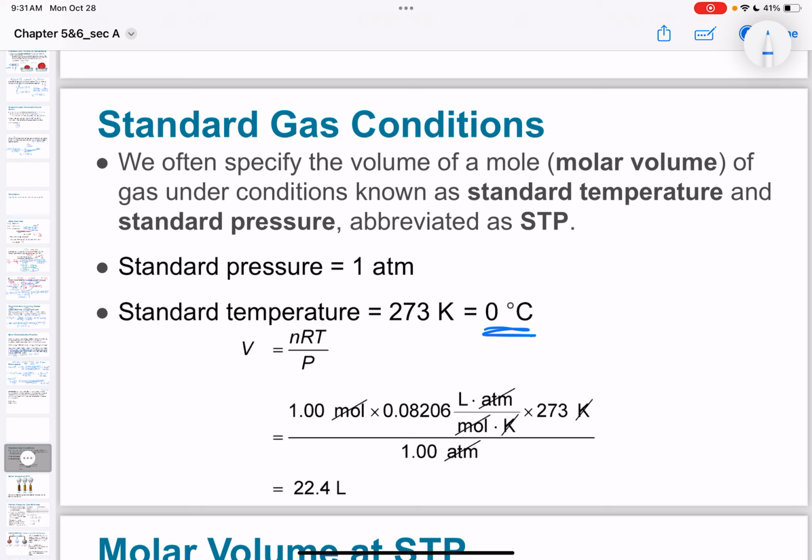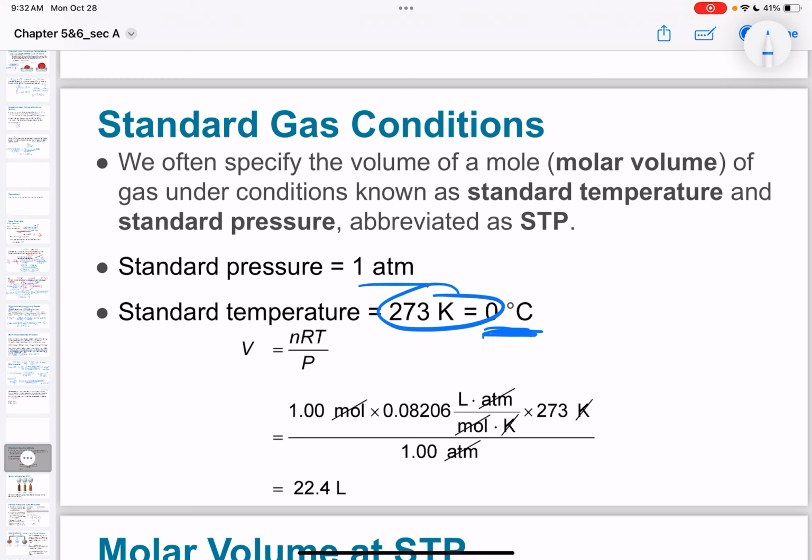But we've set up a pressure and temperature that we consider the standard so that we can bring gases to this pressure and temperature and easily be able to measure their moles and volume or equate their moles and volume. So the pressure that's been dictated is 1 atmosphere or typical atmospheric pressure. And the temperature that has been defined is 0 degrees Celsius or 273 Kelvin.